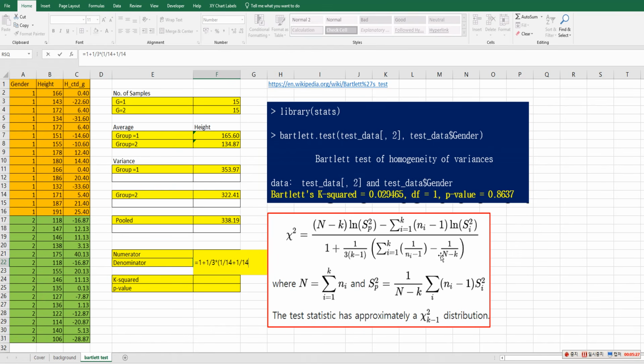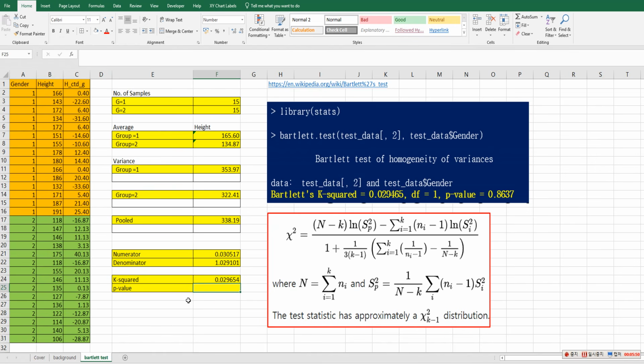And the last part minus 1 over 30 minus 2, 28, right? Okay, then k squared can be calculated by numerator part over denominator part. All right, so this is same as this value.